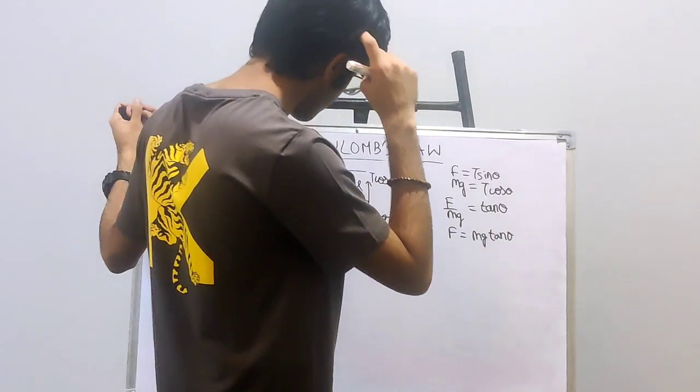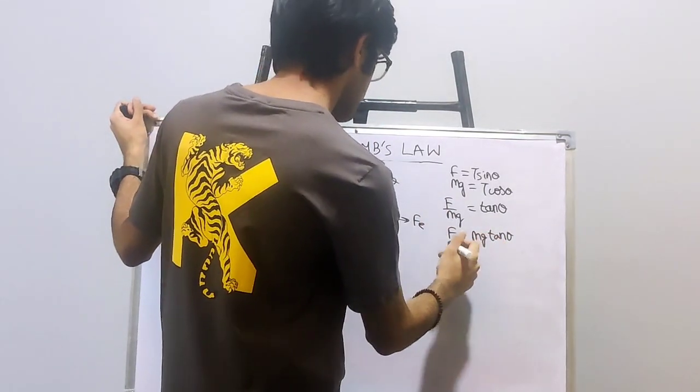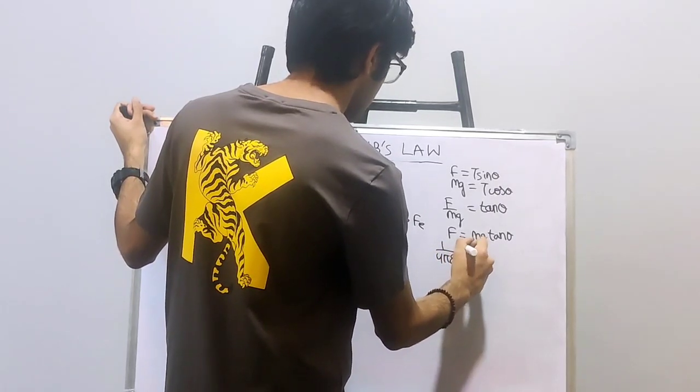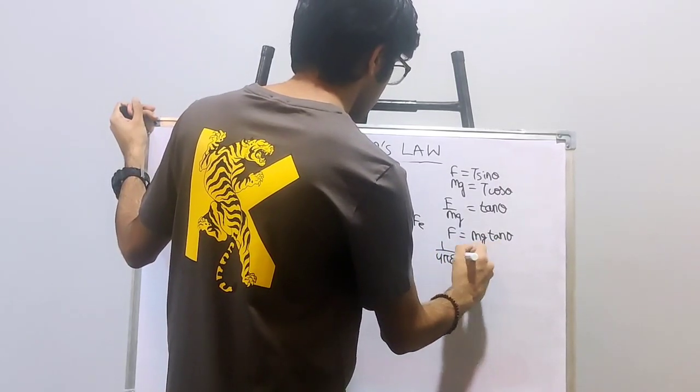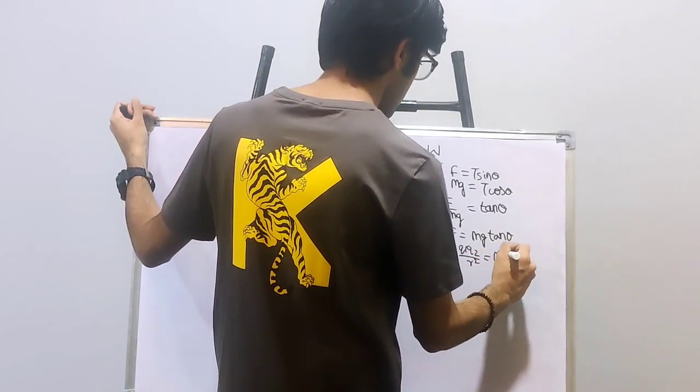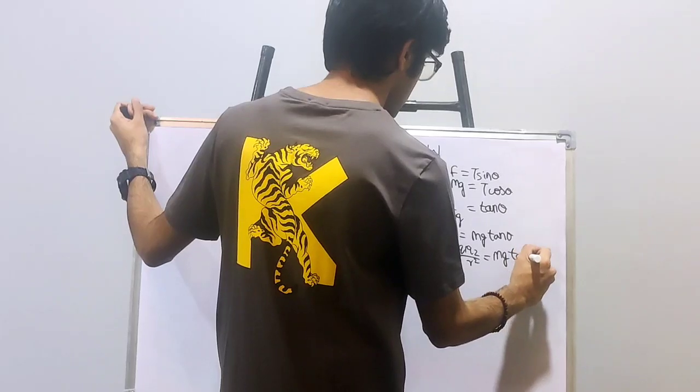Now, 1 upon 4 pi epsilon naught q1 q2 upon r squared is equal to mg tan theta.